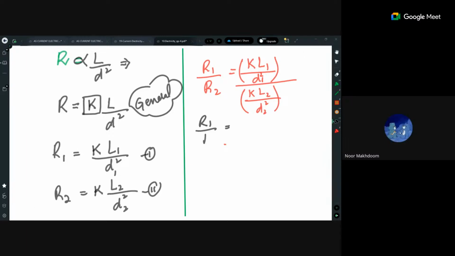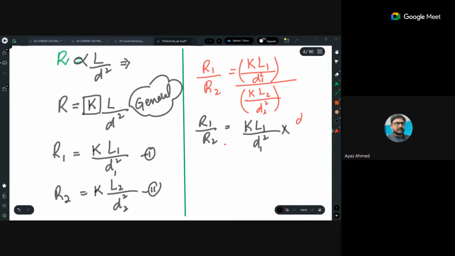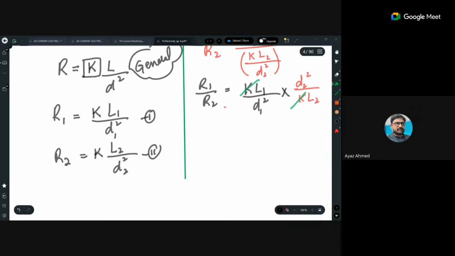It is fraction over fraction form, so K L1 divided by D1 square multiplied by D2 square divided by K L2. K cancels. तो आपके पास बाकी क्या बच गया?